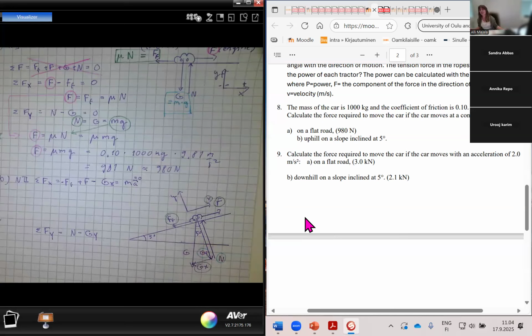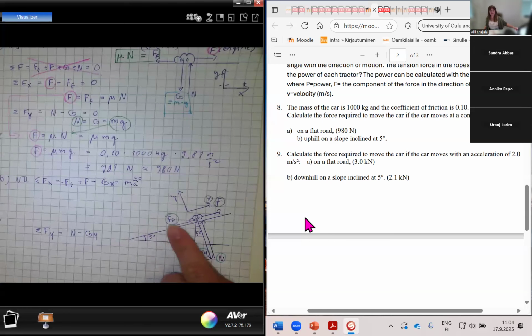Does anybody remember or know why it is actually 5? Equivalent triangle. Yeah, equivalent triangle. Okay. And then you can also see it from here.